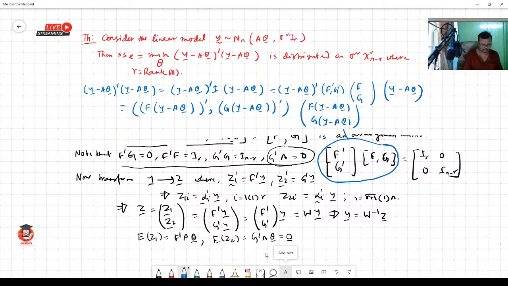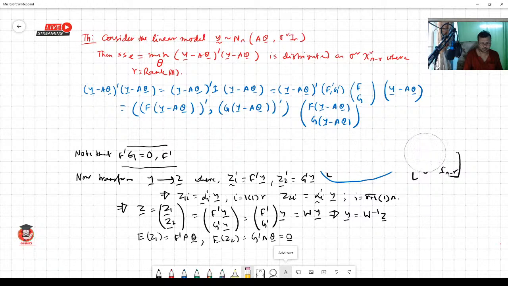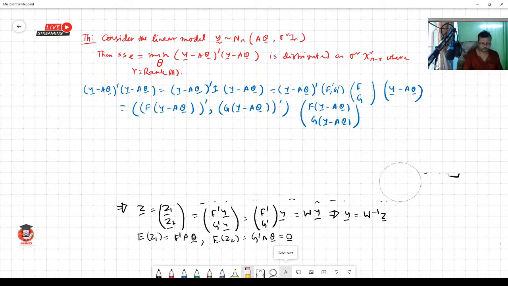Okay, so therefore this is equal to f y. I denote f y by z1, and f prime Aθ̃ prime, and since gA is 0, so gAθ̃ is 0, so this is nothing but g y whole prime.